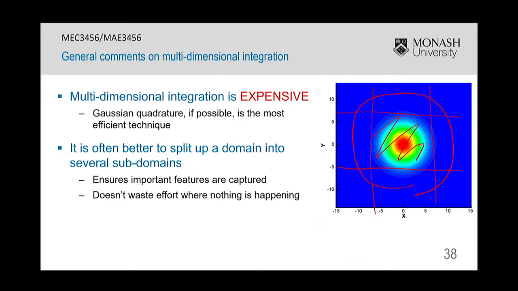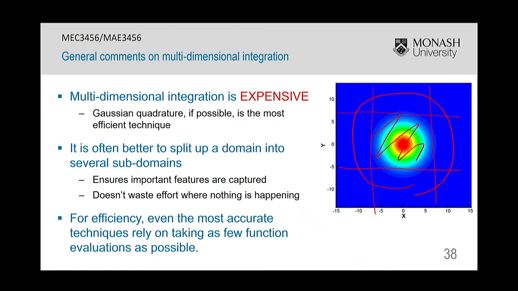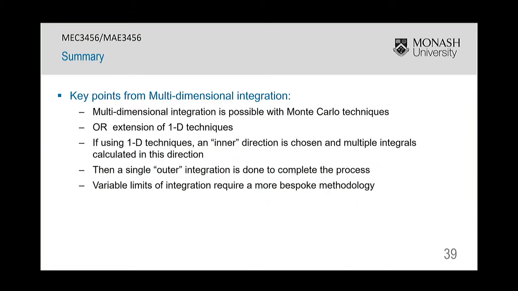Now, it's not always possible to know where to use what kind of integration before you start doing it, so there are some tricks, obviously, in trying to split up your domain into sensible subdomains. Bottom line is, for efficiency, even the most accurate techniques rely on taking as few function evaluations as possible, and that's why Gaussian quadrature is the best way of approaching multidimensional integrals, if you can do it.